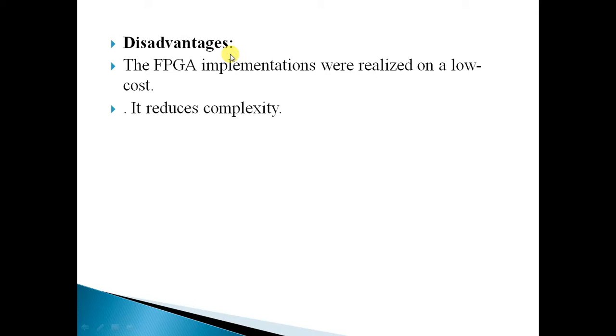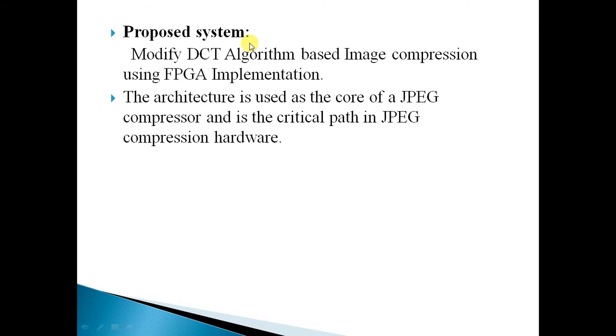The advantages of the existing system are that the FPGA was implemented at low cost, and the complexity gets reduced. The proposed system of this project is that we are going to use the DCT algorithm to improve image compression using the FPGA implementation.